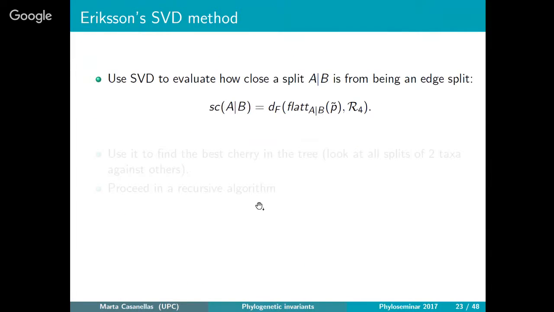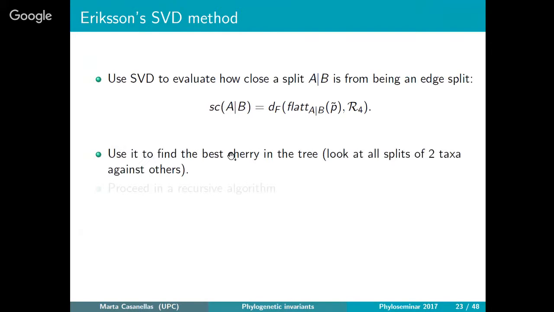So what's the idea of Eriksson's SVD method? In order to evaluate whether this bipartition, or this split of the set of leaves, actually comes from removing an edge of the tree, you compute this distance. If this distance from the flattening matrix to the set of matrices of rank lower than or equal to 4 is small, it means that this is probably a bipartition that arises from an edge of the tree.